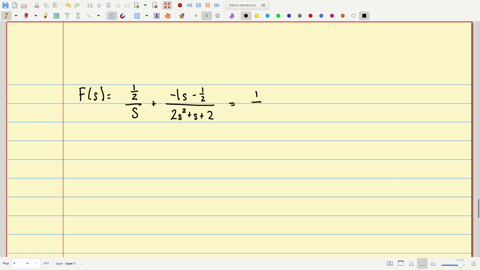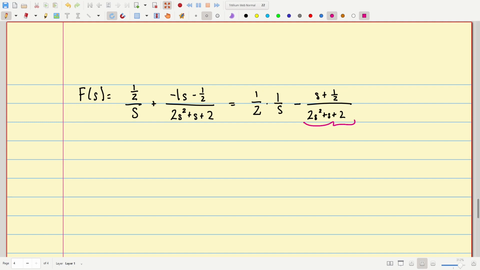This can be rewritten as 1/2 times 1 over s minus s plus 1/2 over 2s squared plus s plus 2. Okay? This one's done. I know what the inverse Laplace transform for 1 over s is. It's 1. Okay? This I have to do some work on. Okay?